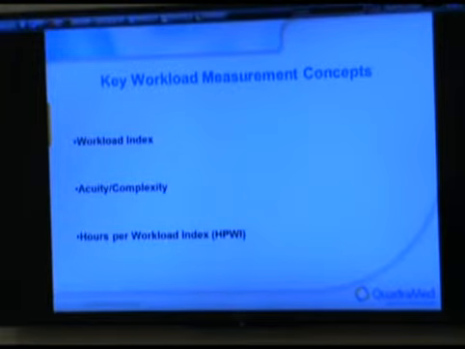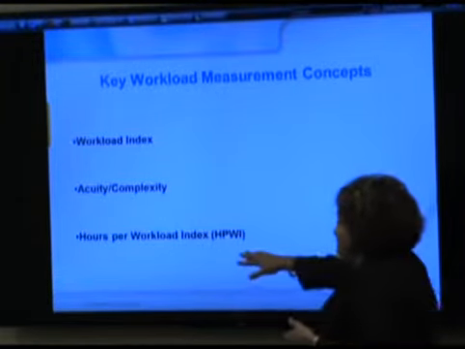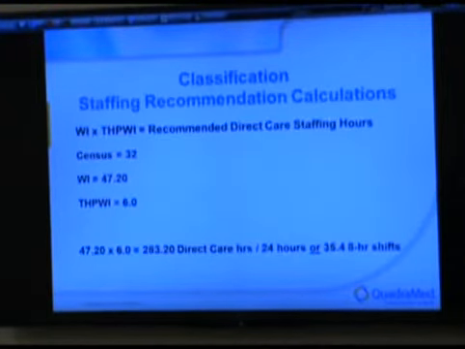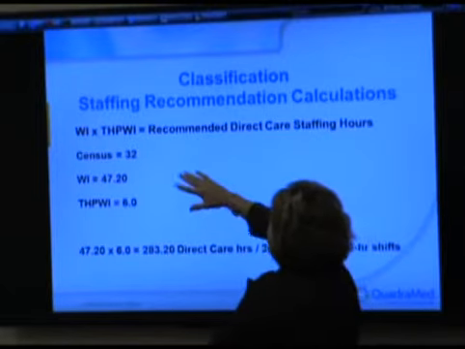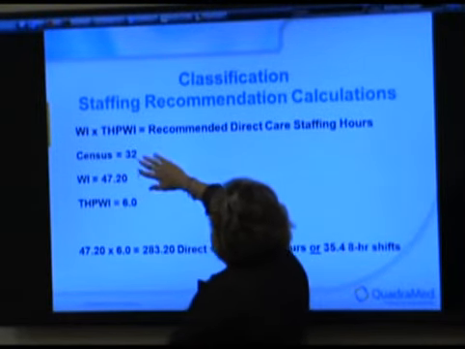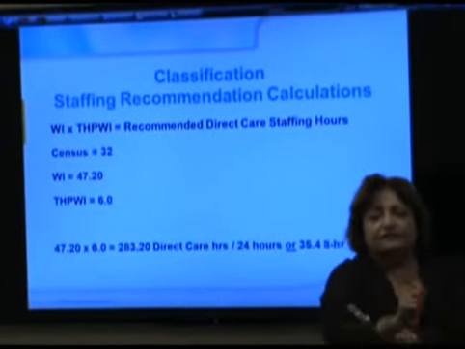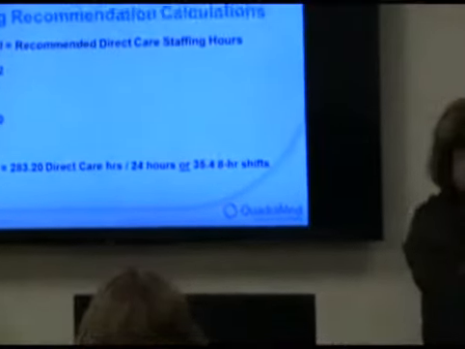So what we did talk about is acuity, complexity, and workload. We haven't talked about hours per workload index. So let me just give you an example. Hours per workload index is a productivity goal which says I want to multiply this workload by a goal of 6 hours for every unit of workload. That's all.